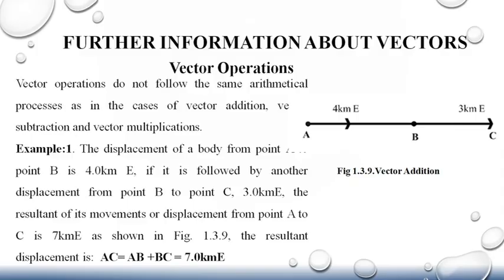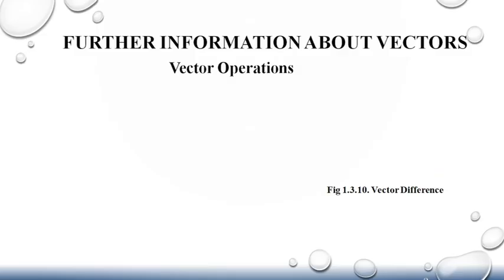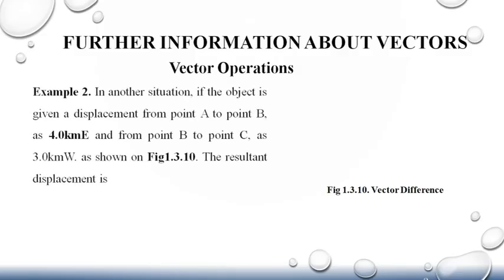If it is followed by another displacement from point B to point C of 3.0 kilometers east, the resultant displacement from A to C is 7 kilometers east, as shown in figure 1.3.9. The resultant displacement is therefore written as AC is equal to AB plus BC, which is equal to 7 kilometers east. Note the magnitude, the unit, and the direction east.